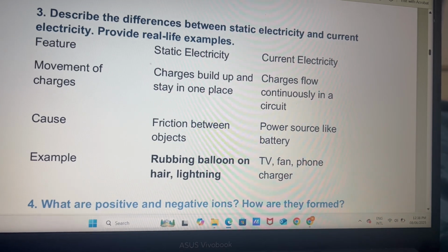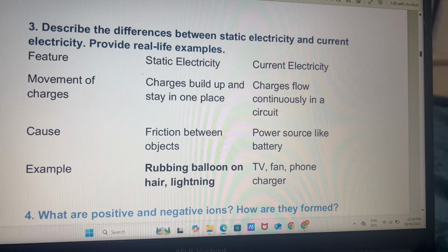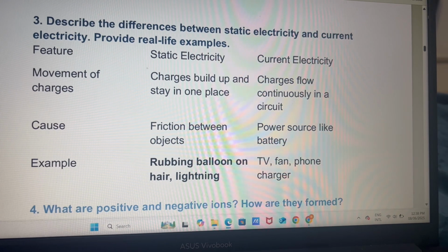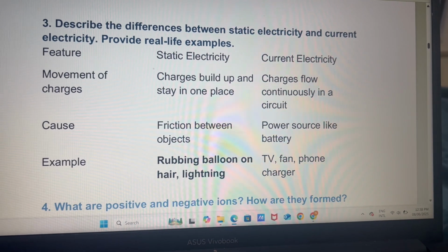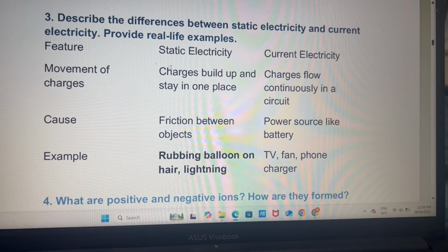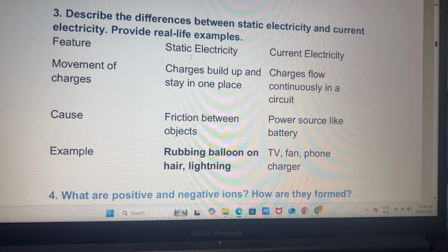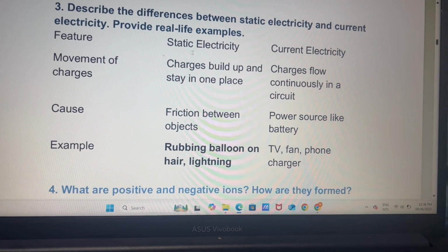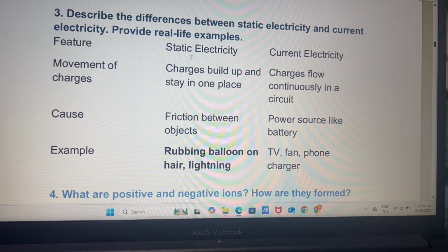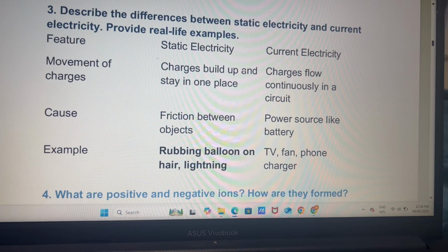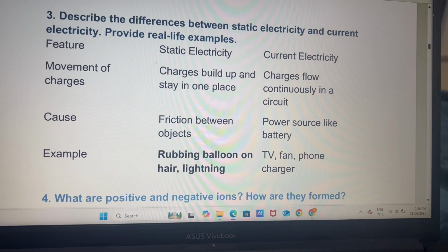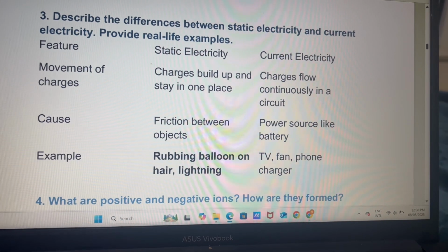Okay. For the third question, we're talking about static electricity and current electricity. Static means stationary, not moving. So it's actually the charges which are built up and stay. They don't move, static in one place.